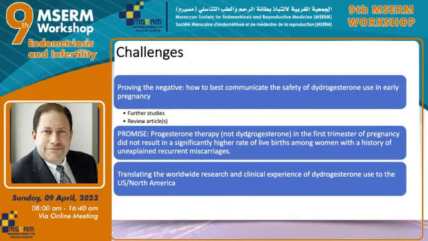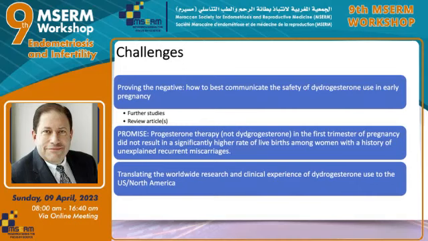But what we do also know is that there are further studies that can be done and should be done. There are those who review articles. We actually just published a review article about this, looking at all the published literature on dydrogesterone, again finding no safety signal.